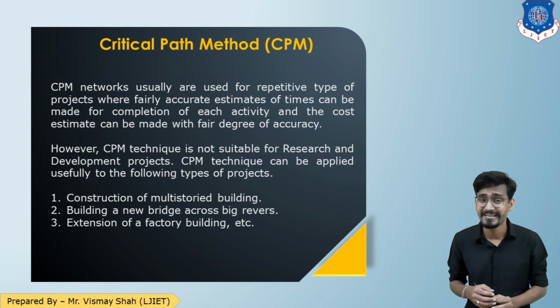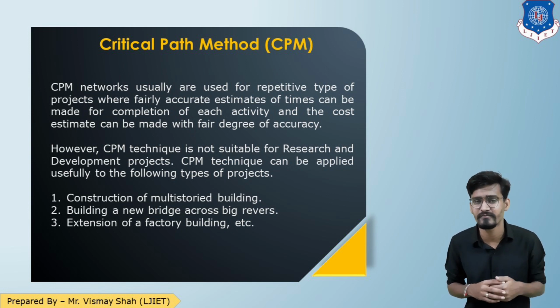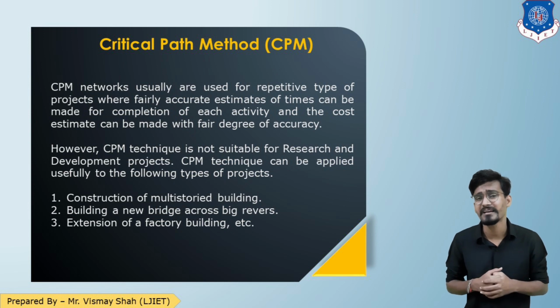I am repeating it again: the CPM method can be used for repetitive kinds of projects where you can estimate the duration for performing an activity, and you can have the cost analysis very accurately for that.